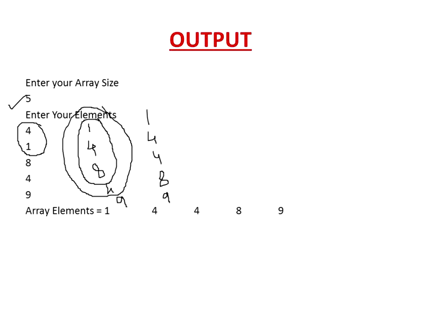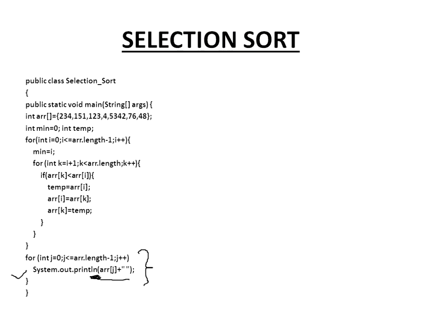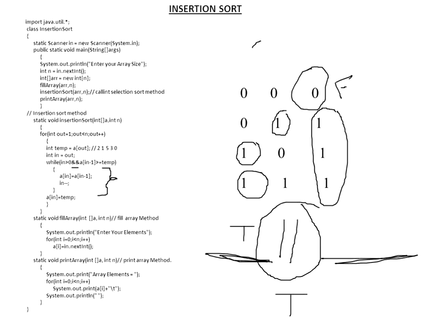After that, the number will depend on the user input, so that is not a fixed number. Here you have to give the size of the array. Like in the previous program, we created an array and the elements were fixed. Next time you want to execute the selection sort program, you have to change these values inside the program.